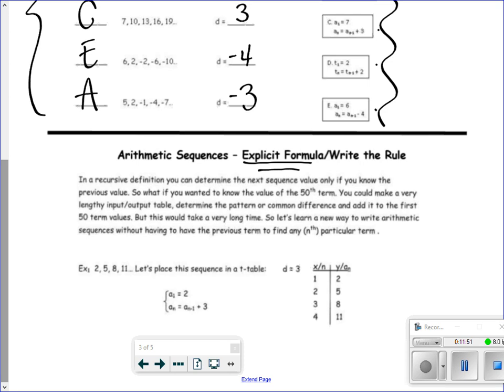This is the one that's helpful if we need to do anything other than build a table. Why do we have the first one then? Well, we just do. It's called the recursive rule. But the explicit one is the one that helps us if we're finding a number in the future, or if you know some random number in the sequence and want to find the position it's located in. So if we turn to the next page, that's where we're going to find the explicit rule.